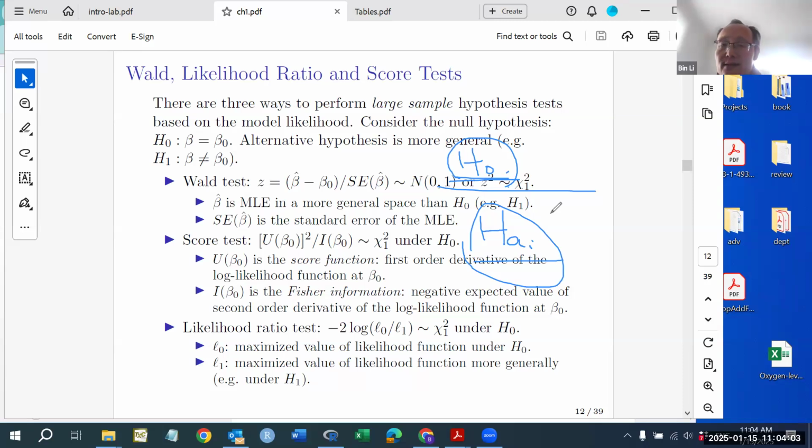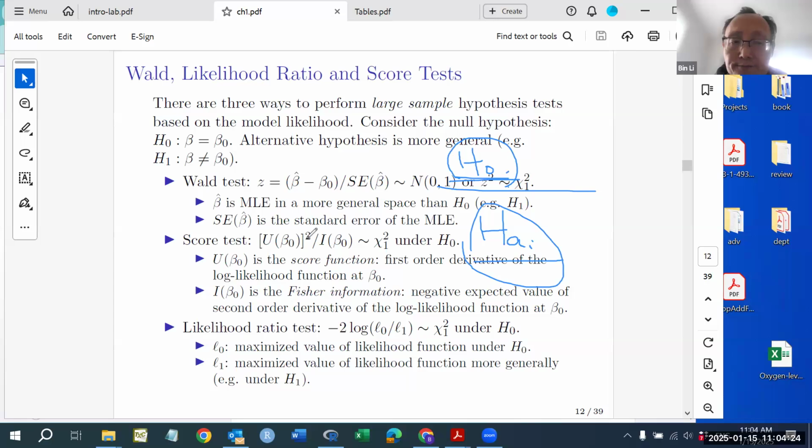Okay, so here the test statistic has to be different, performs differently. And then you also need to know the behavior of the test statistic under the null hypothesis. If you know all this, then you can have a hypothesis test.